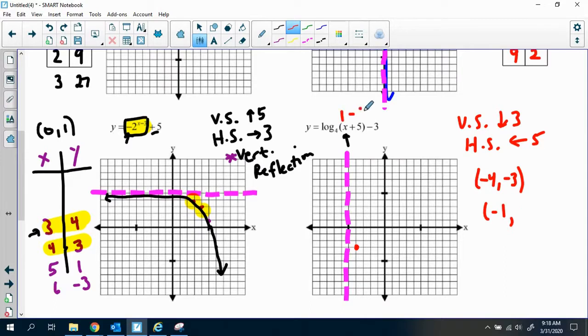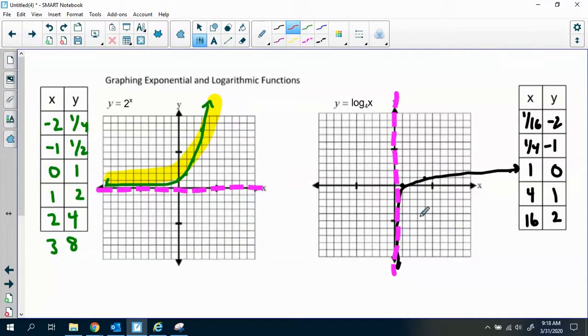So 1 minus 3 will get me to -2. So (-1, -2) will be on the graph. And then as I graph this function, I'll start to see that it looks a whole lot like this function, shifted to the left 5 and down 3.